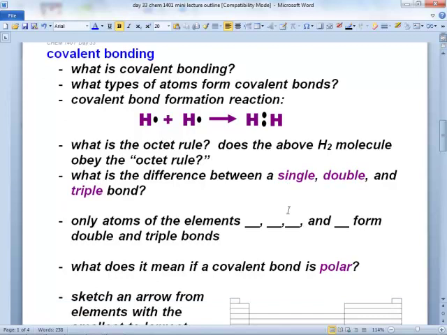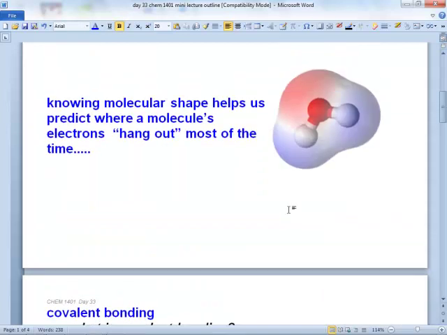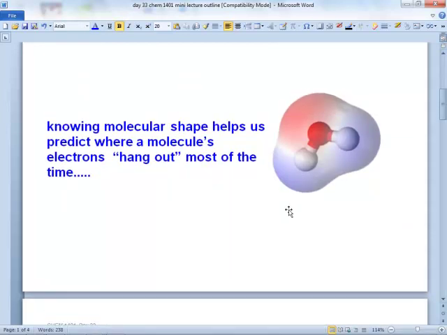Now let's see if we can remind ourselves of a few things. April, what is covalent bonding? Sharing electrons. Exactly. That's what's going on here, right? We have these orbitals. Now, the orbitals to generate this model weren't hydrogen atom orbitals.